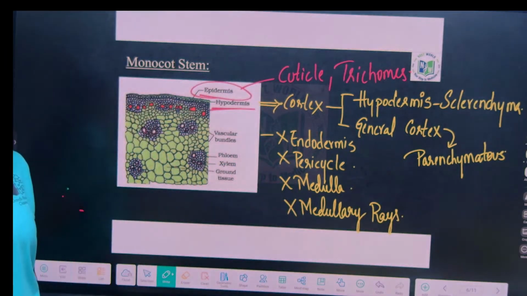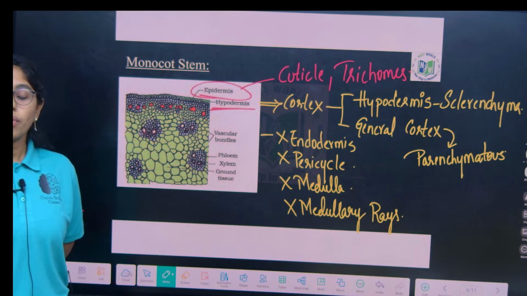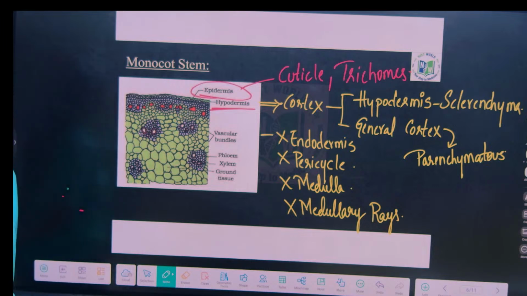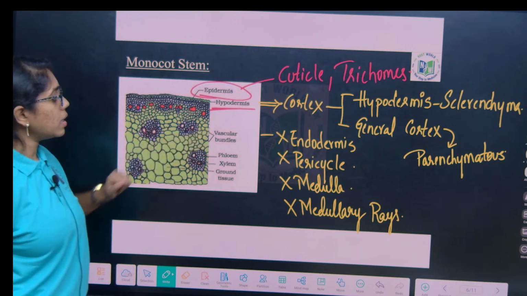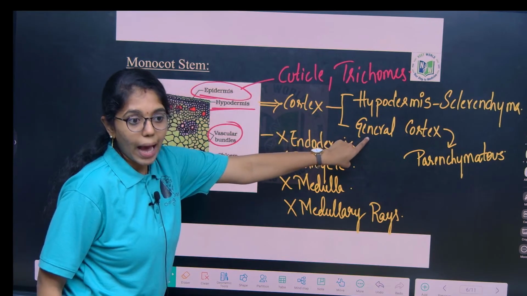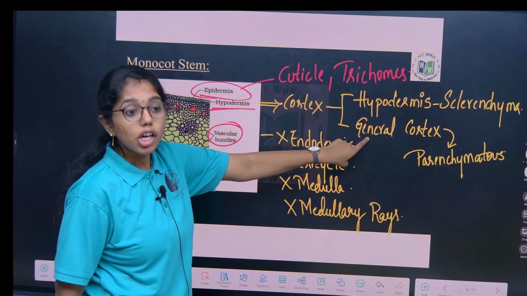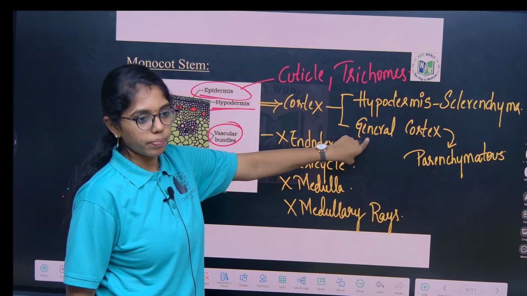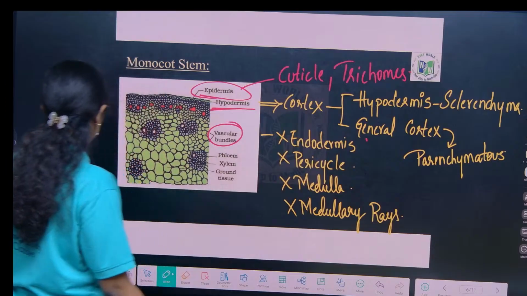Then what is present? How are vascular bundles present? Where is the vascular tissue system over here? Here vascular bundles originate in the general cortex itself, and their mode of origin is schizolysigenous. What does it mean? I will tell you.